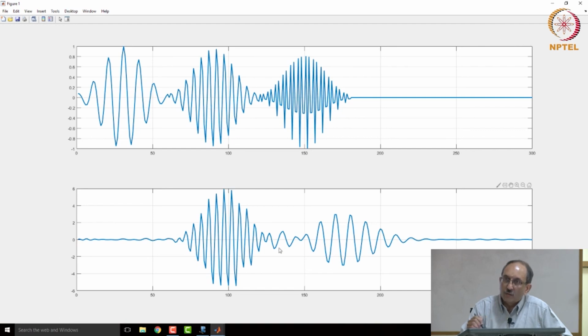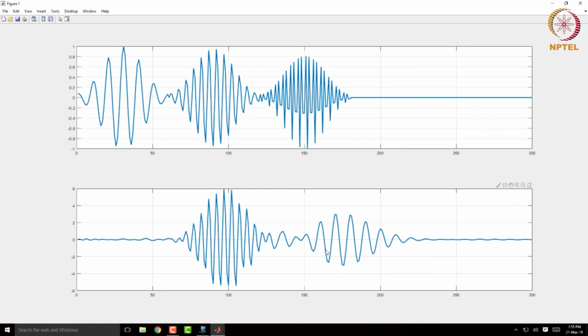At the output, it is occurring later, and this is exactly because of group delay. Now, if you look at this, this starts at time index of 0. Now, if you look at this, roughly this starts at time index of 150. So, this has suffered a delay of 150 samples.